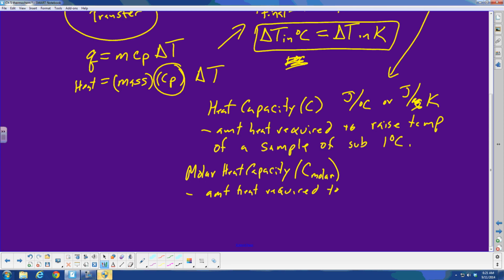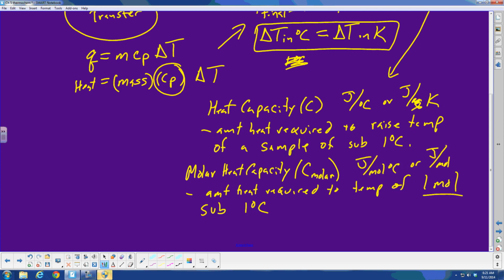To raise temp of what? Well, if it's molar, that would mean of 1 mole of substance, 1 degree Celsius. And so my units here are joules per mole degree Celsius or joules per mole Kelvin.